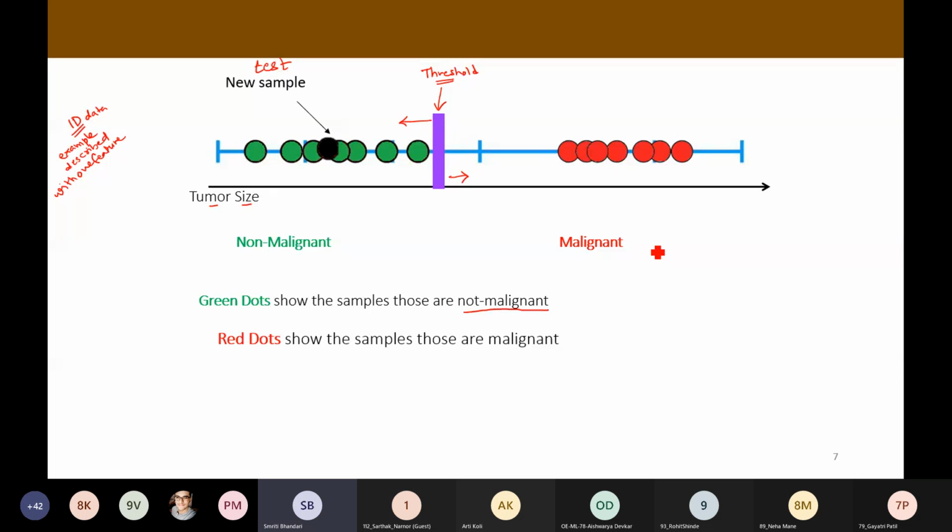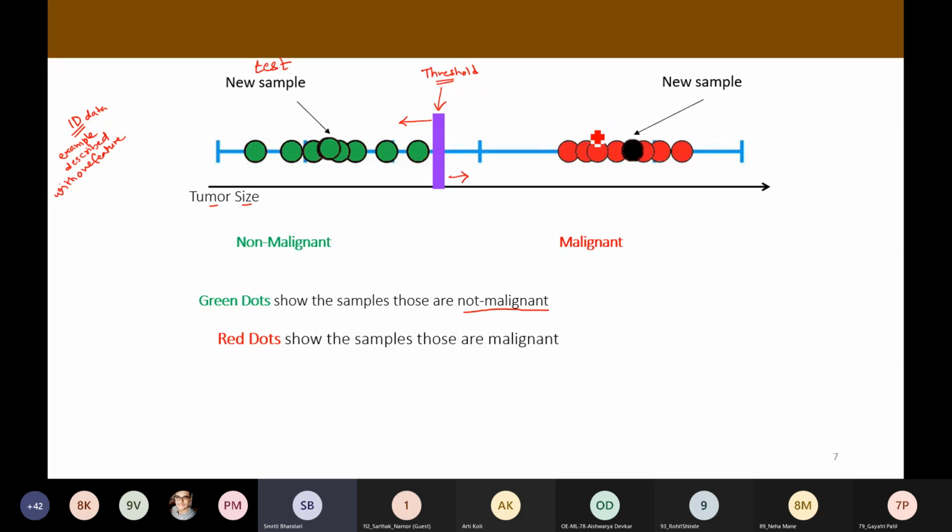Yes, ma'am. So this threshold is nothing but some tumor size that we have decided. Right? So if the sample is having smaller tumor size than the threshold, then it will be classified as non-malignant, green class.